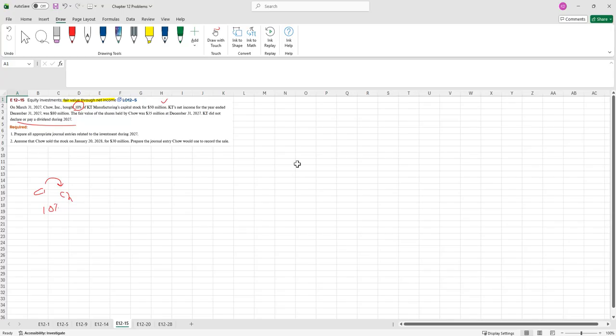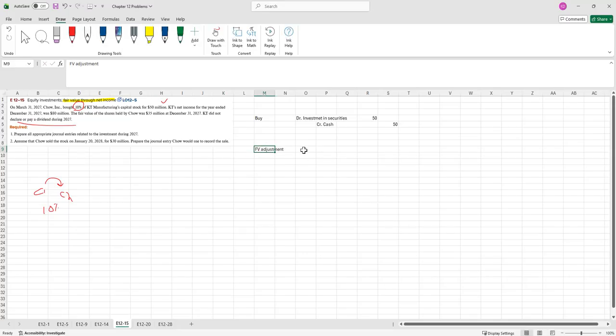So they want to know all the appropriate journal entries that we have to do. Well, when we buy it, it's just like buying any other stock: debit investment in security, equity security if you want, for 50, what we paid, credit cash for 50. We don't have to do anything for their net income. This isn't the equity method. We don't have to do anything for dividends because they didn't declare any, but we do have to account for the fair value adjustment.